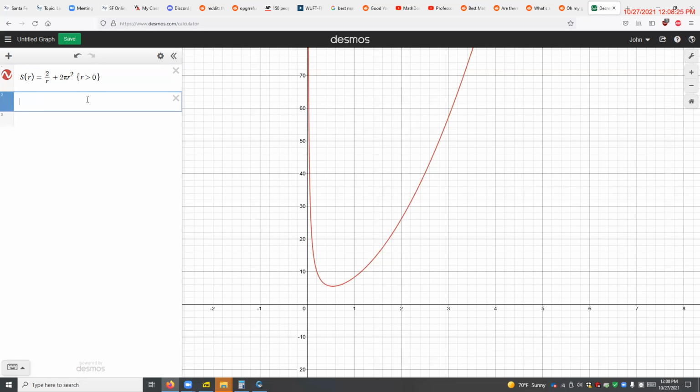So R, put it in. This is 1 over 2 pi raised to the 1/3 power, comma S of that thing.